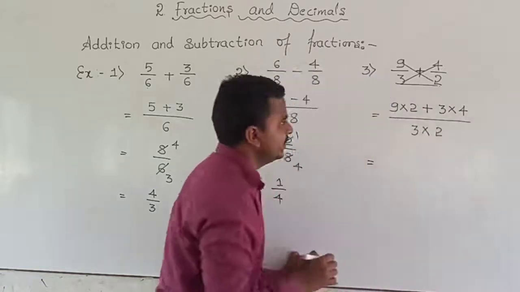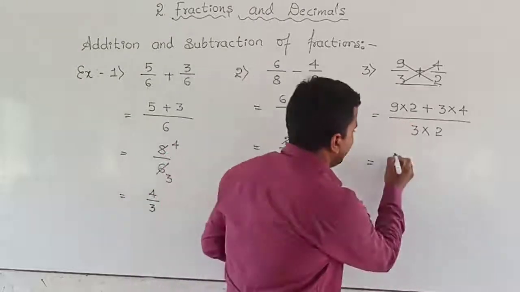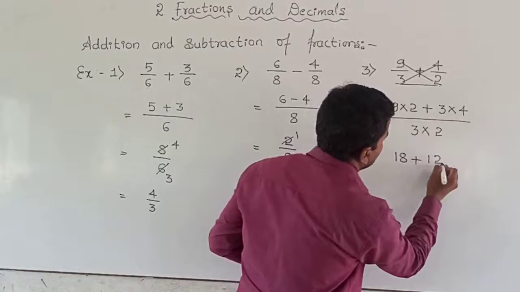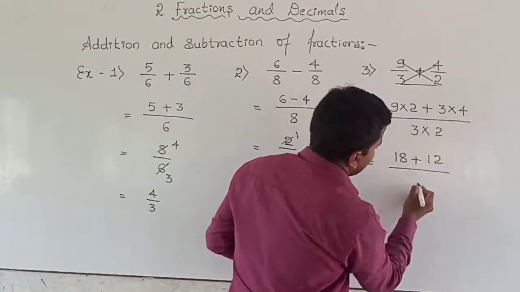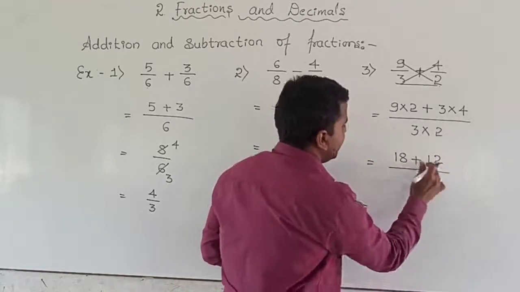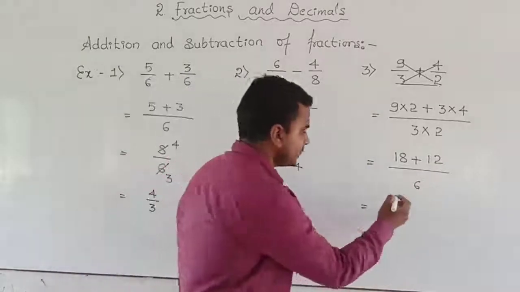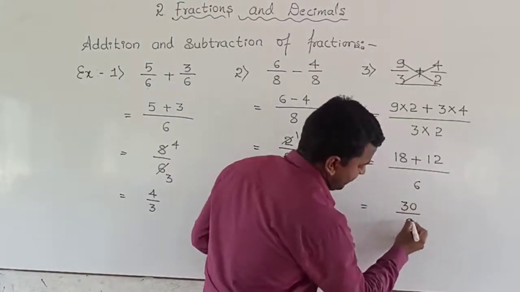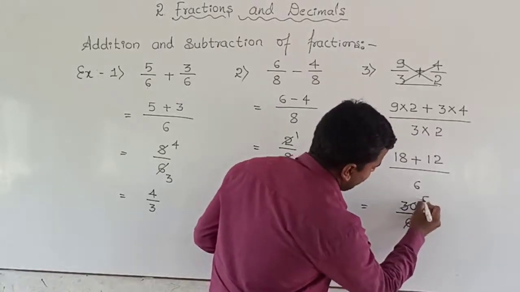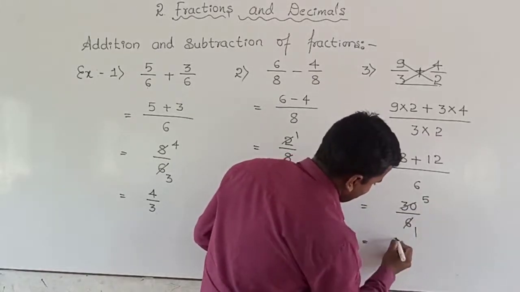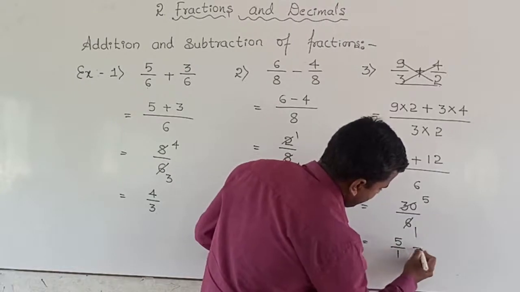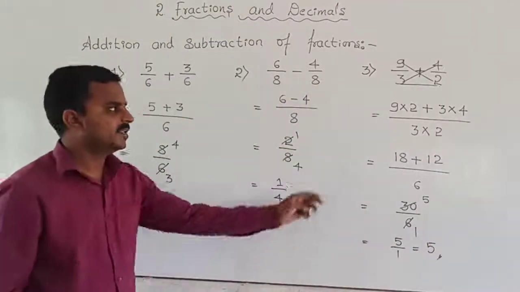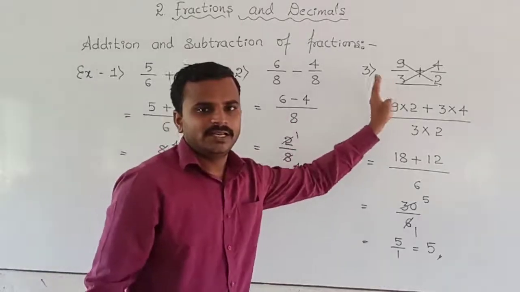Next, simplify: 9 2s are 18 plus 4 3s are 12, and 3 2s are 6. Next, 18 plus 12 is 30. 30 divided by 6: 6 5s are 30. That is 5 by 1, equal to 5. The answer is 5. This is the cross multiplication method.